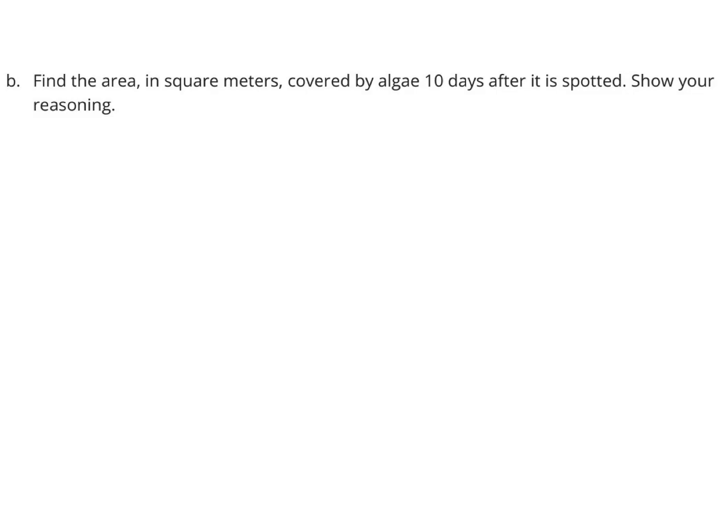Okay, find the area in square meters covered by the algae 10 days after it's spotted. So I'm going to take my equation, y equals, and put this into the calculator. We started with 12.5. It doubles every week, but we had X over 7, which is going to give us 1 day. If you divide week by 7, you'll get 1 day.